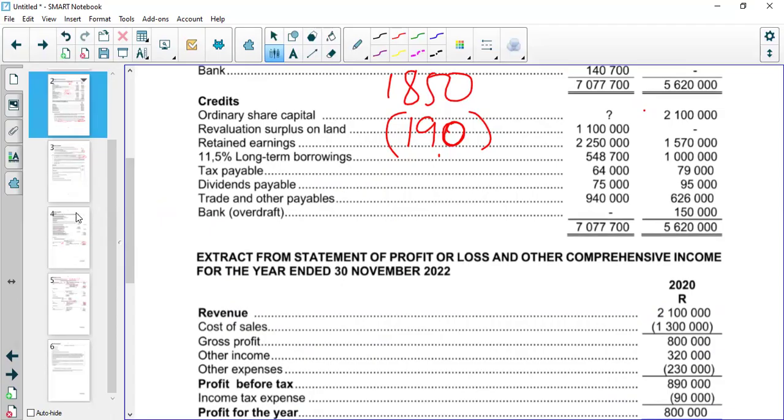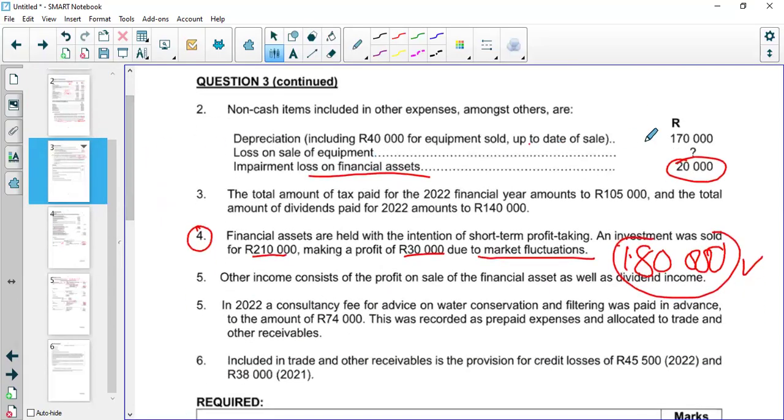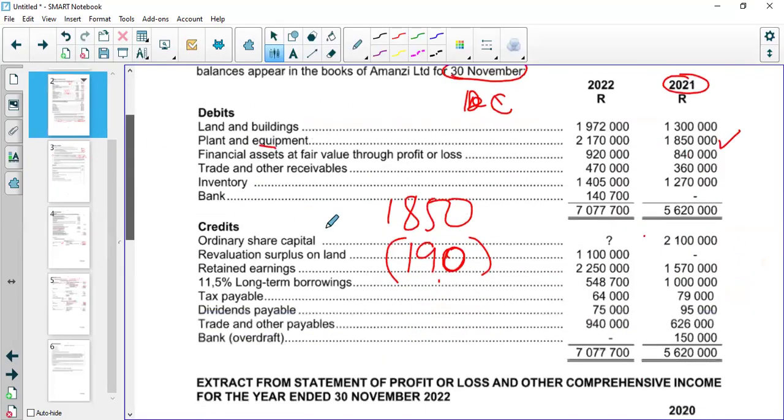Now the depreciation for everything, including what was sold, is 170. So we say the depreciation for the rest is 170 minus 40. So we also subtract that 130, right? 130 depreciation.